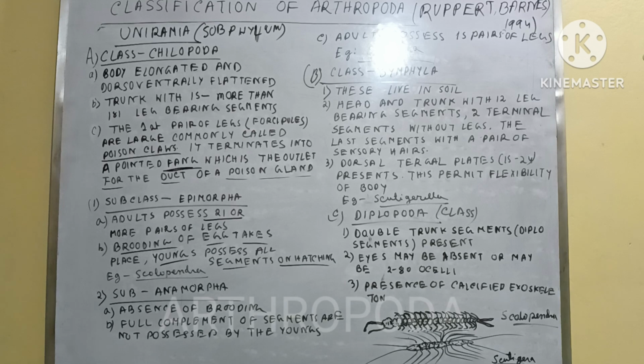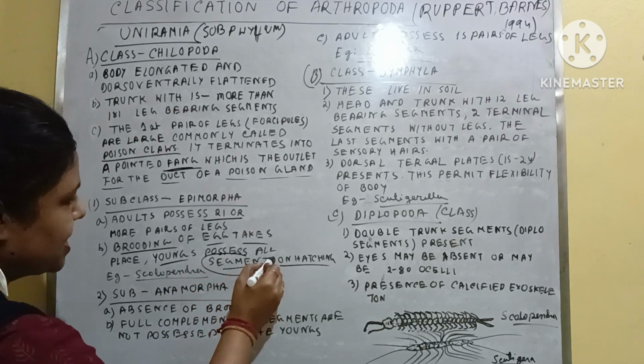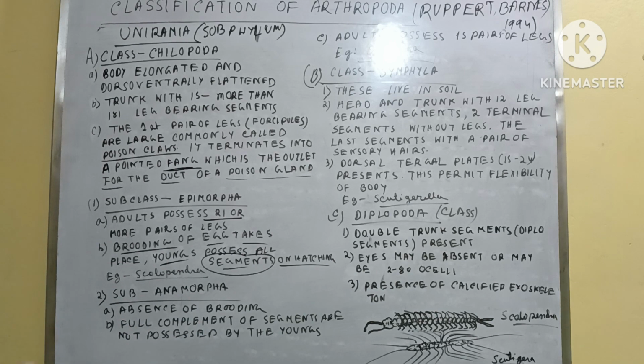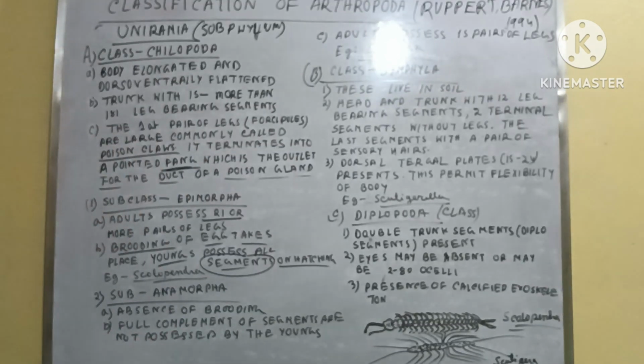That means the young ones are produced just after hatching with all the segments, a fully adult form but a very short form. An example is Scolopendra, and this is the rough structure of Scolopendra.